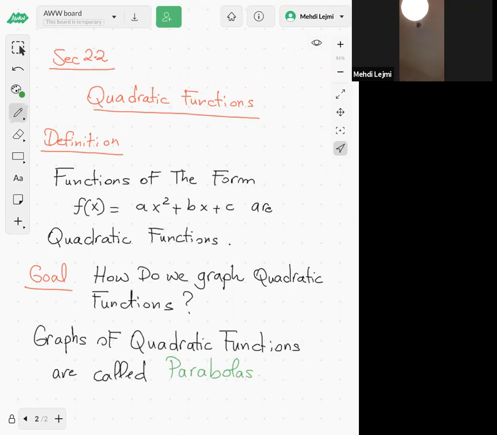So I would say the simplest example would be, of course, here, guys, there's an important remark here. This A here has to be different from 0.